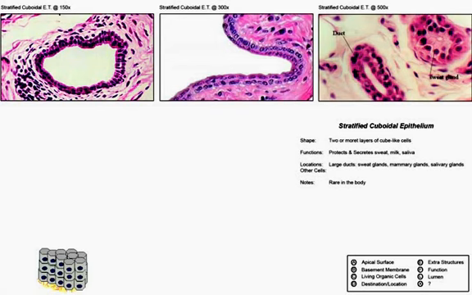The same type of presentation of cells, and then one of these structures cut in cross section that's leading into this larger salivary gland, further magnified, would appear as this stratified epithelial type that we see here. Fairly rare occurrence though, and it's mainly for protection from the secreted substance in the gland that it is associated with or leading away from.